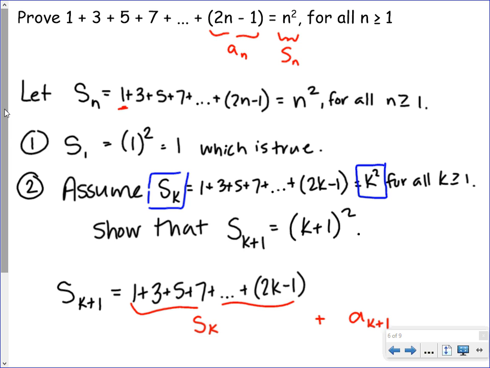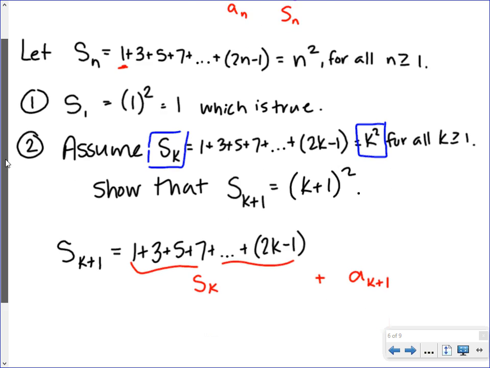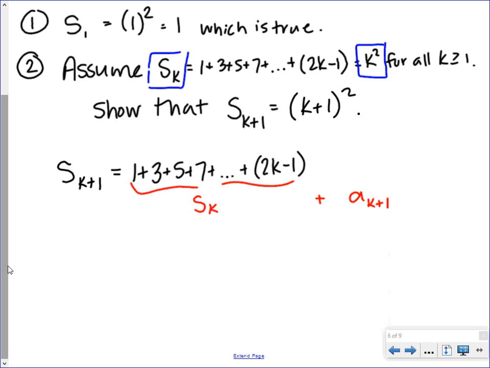Okay. So now, to get a sub k plus 1, you are going to do 2 times k plus 1 minus 1. I'm using the rule for a term in a sequence. And I'm finding the k plus 1 term. If I found the 50th term, I would plug 50 in there.